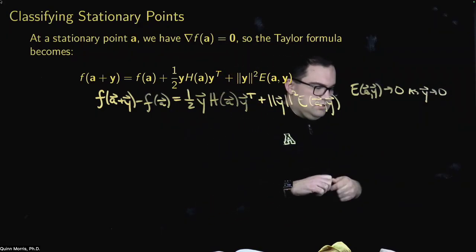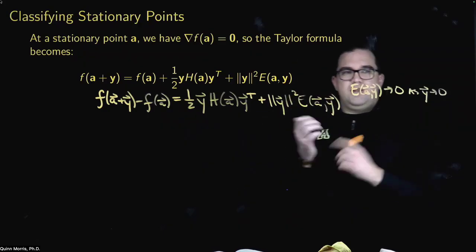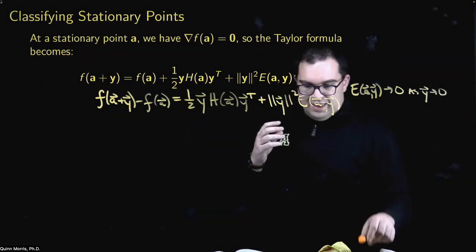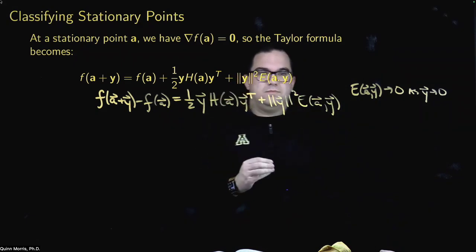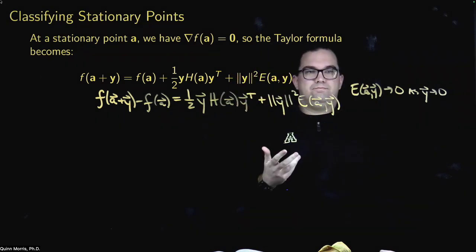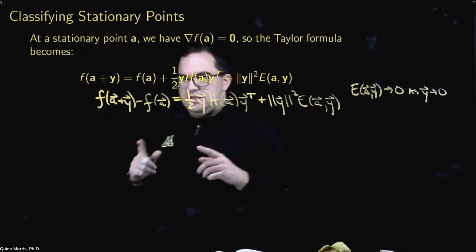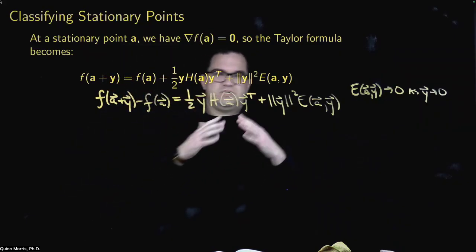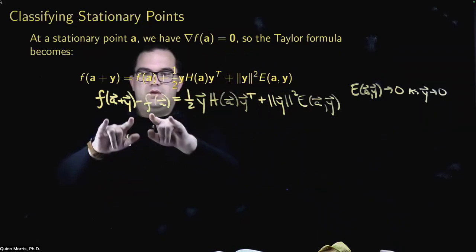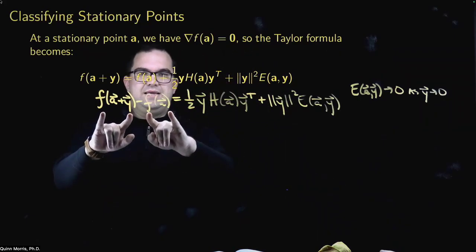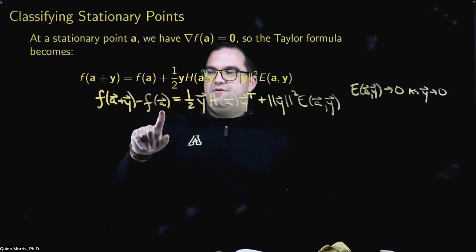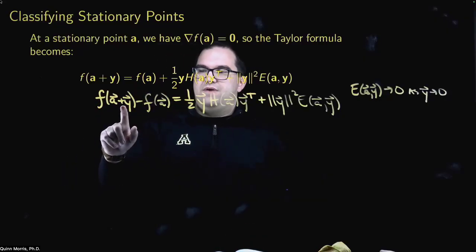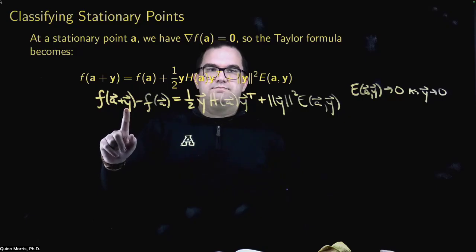All right, so what I really want to know is whether this is a local maximum, a local minimum, or neither. Let's say I wanted to know whether it was a local maximum or local minimum. So what is this difference telling me? It's telling me the difference between f of a and f of a plus something else.